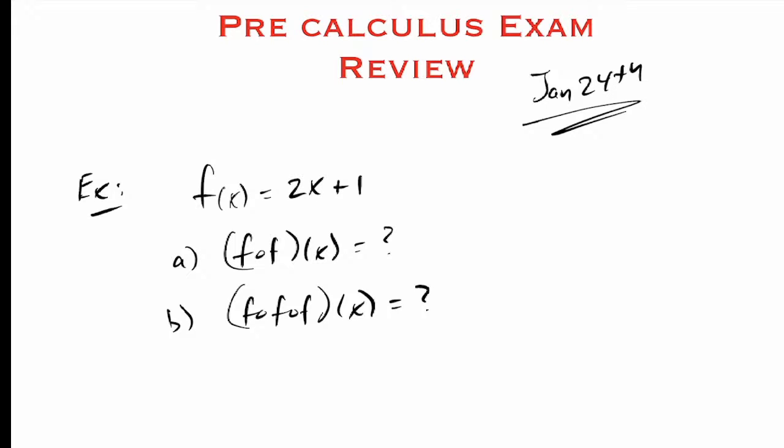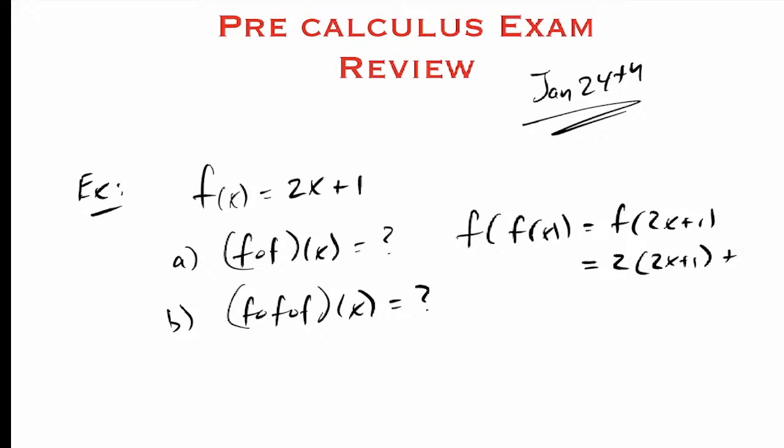So if I want to find f composite f at x, that's going to be f acting on 2x plus 1. Just something like this. Basic stuff here. You get 4x plus 3.